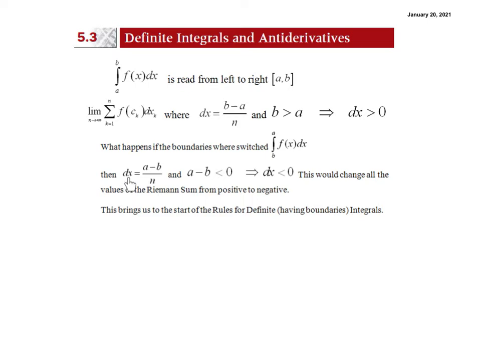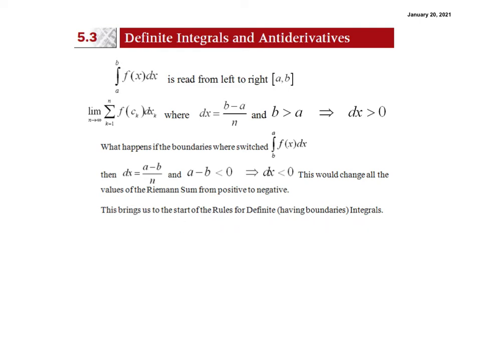Well then, dx is (a minus b) over n, where a minus b is less than 0, so now dx will be negative. So what's that going to do to the integral? Well, you can probably guess it's going to make the integral value negative instead of positive like it was before. So this is one of the first rules we're going to learn.